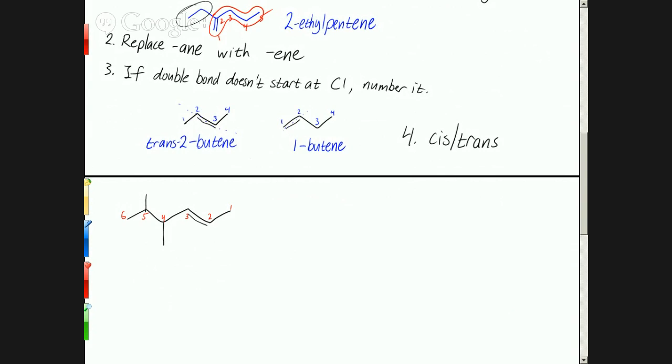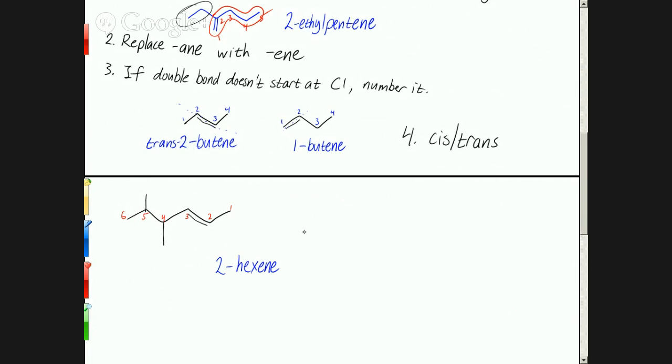But what is that type of chain called? How would we name that chain? That would be a hexene. And what about the number? Do we have to number where the double bond starts? Right, so this would be 2-hexene because the double bond starts at carbon number 2. We could put a double bond anywhere along here.